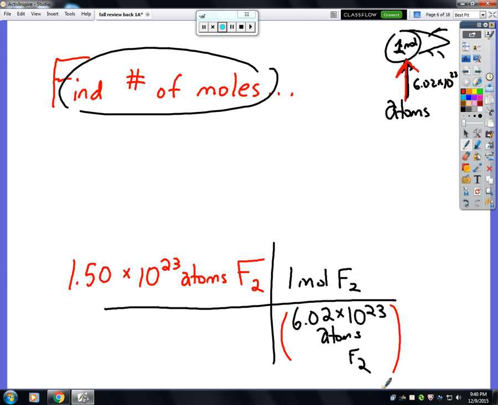Okay, if you forget, just put everything in parentheses as far as scientific notation goes. Okay? Now when I do my math there, I come up with 0.249 moles of F2. Okay? And by the way, we need to change that because F2 is not F on your periodic table, it's F2. Okay?